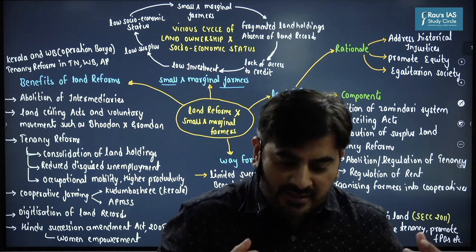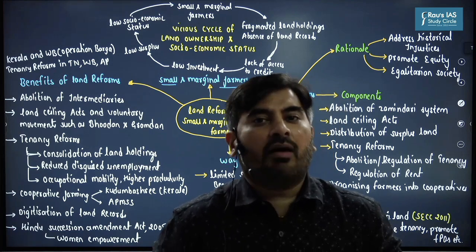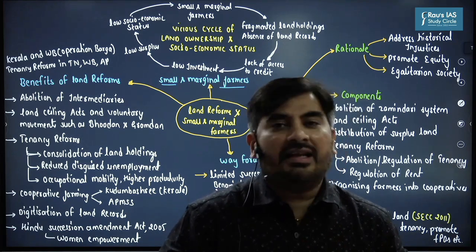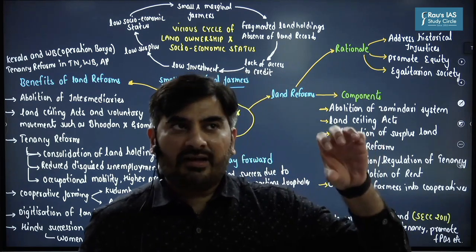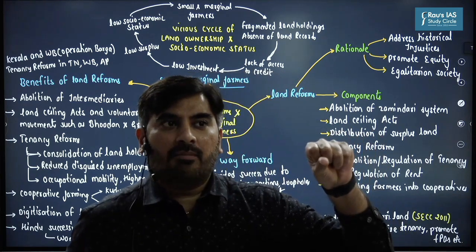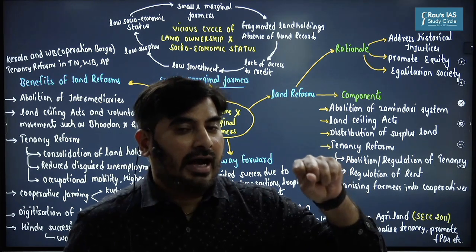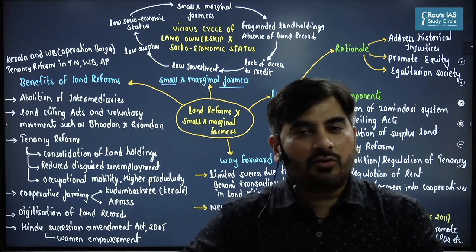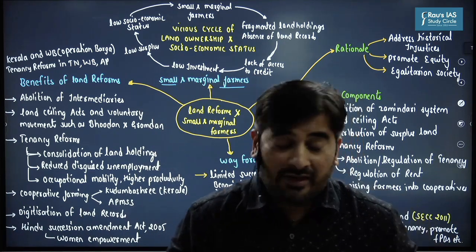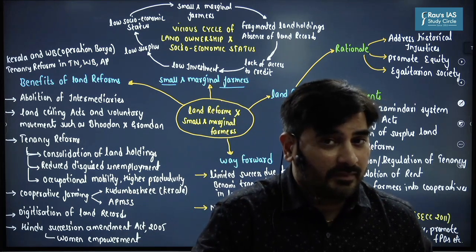And these small and marginal farmers have come into a vicious cycle of poverty because of the land. For example, the land holding is very fragmented. Because of the fragmented land holding and because of the absence of land records, these small and marginal farmers do not have access to credit.